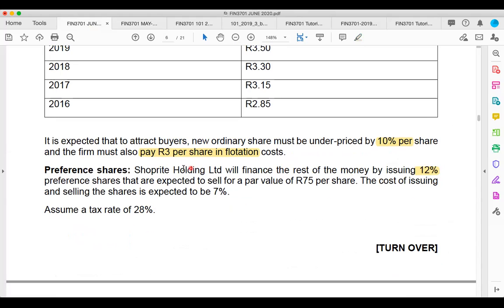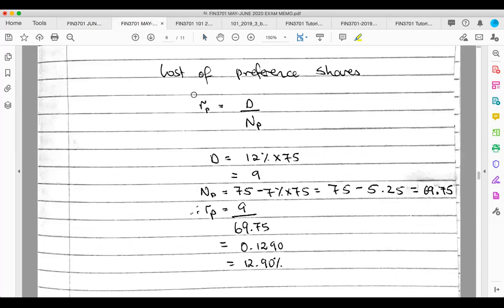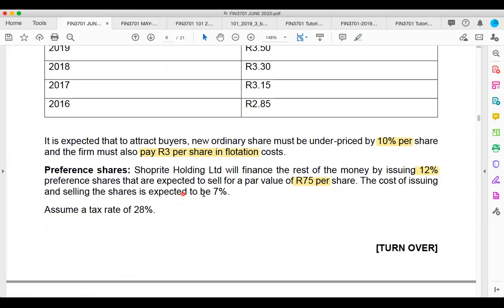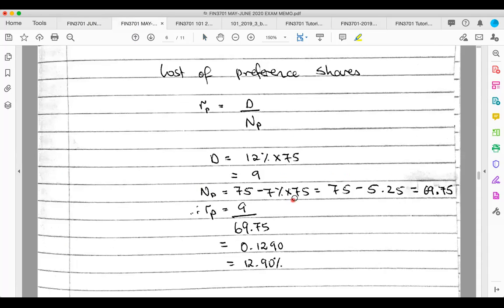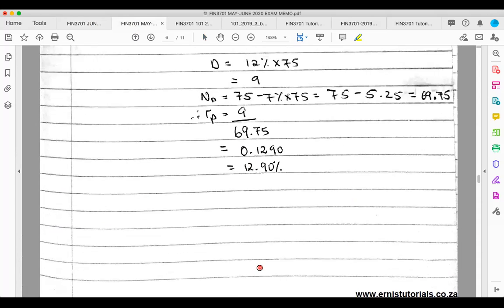It's a 12% preference share with a par value of 75. So that gives us a dividend of 9 Rand. And then the net proceeds, we take the par value minus the flotation cost, the cost of issuing the shares, which is 7% of the par value. We get 69.7. If we divide that dividend by the net proceeds, we get 12.90.